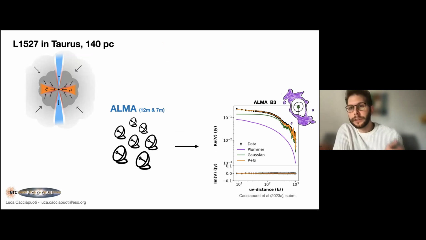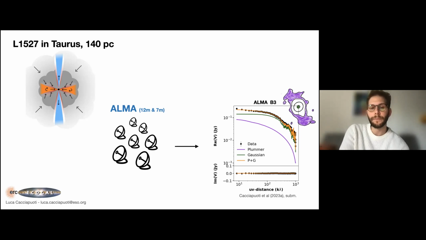Actually, for the first year of my PhD, I've been basically reducing and self-calibrating all of the data that you can possibly get for this source in the archive, flagging all the lines because I'm working with the continuum. We put together ALMA, both the 12-meter and the 7-meter arrays, in order to work in the visibility plane, as you see on the right.